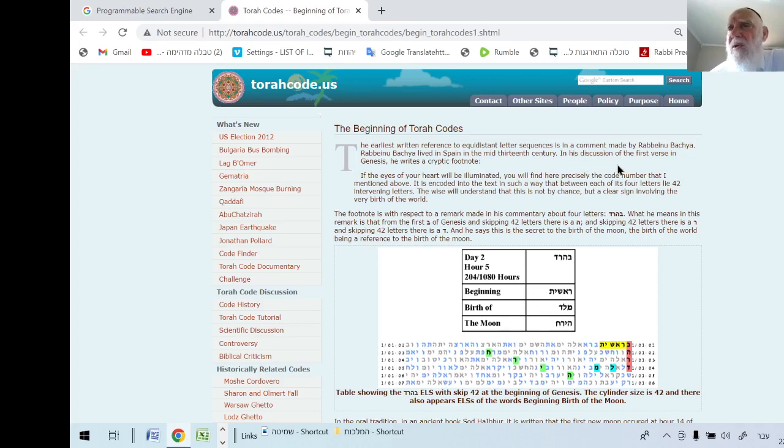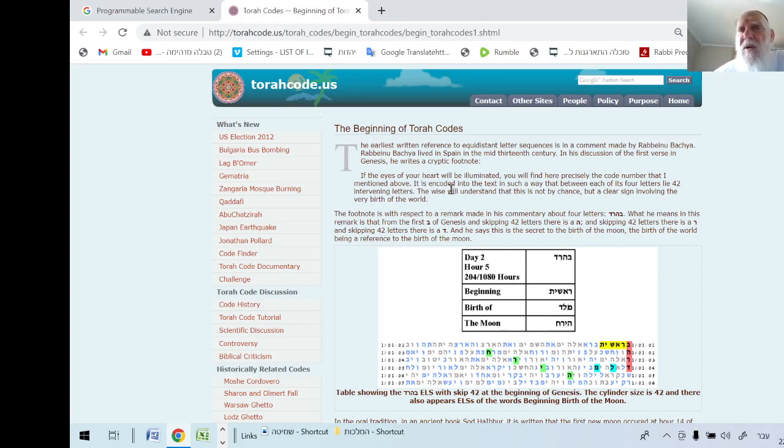In his discussion of the first verse in Genesis, he writes a cryptic footnote. This is what he writes: if the eyes of your heart will be illuminated, you will find here precisely the code number that I mentioned above.